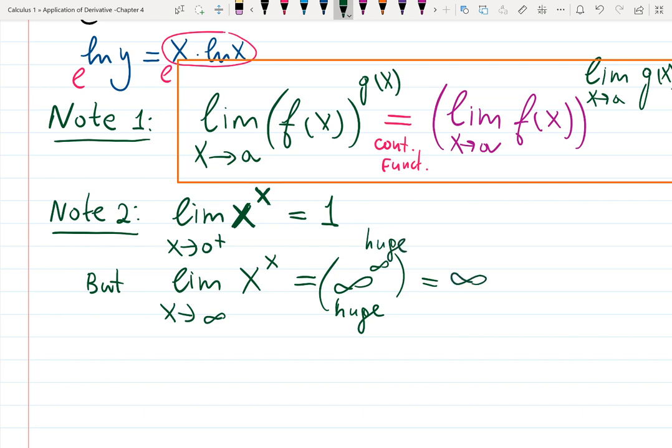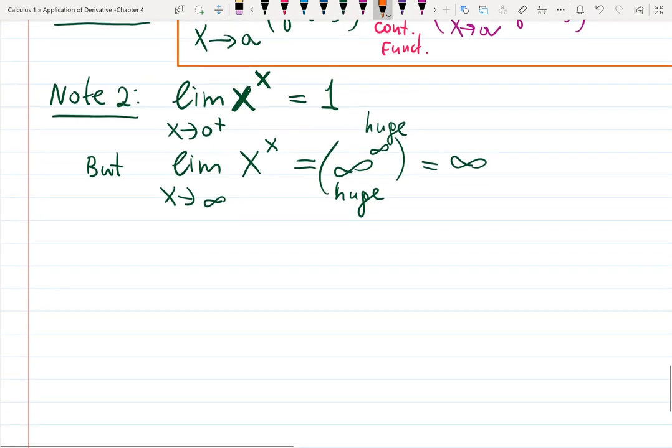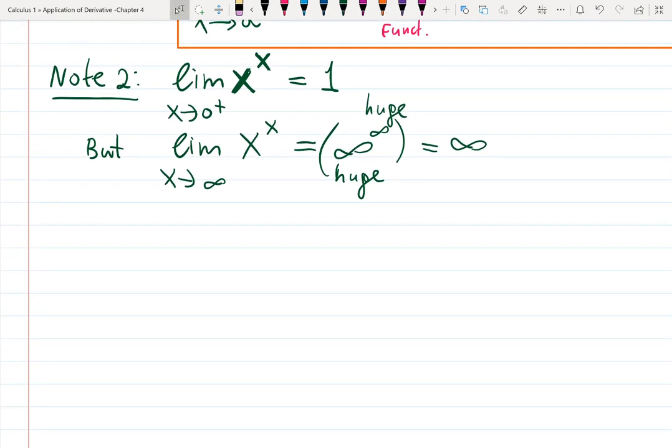So that's still huge numbers. So that's infinity. Let me make this note. I will always point this out: just to make sure you understand, these are not indeterminate forms.